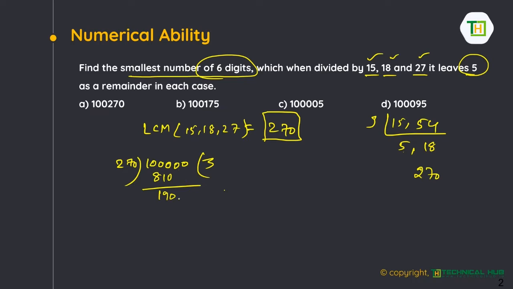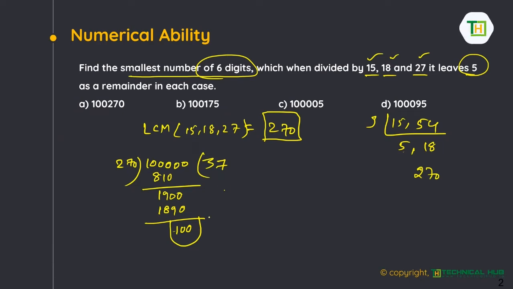And next you can drop down one more zero, 1900. 1900 divided by 270: how many times will it go? Around 7 times. 270 into 7 is 1890. Again here it is 10. And next, you can drop down one more zero, that is 100. 100 is the remainder, right?